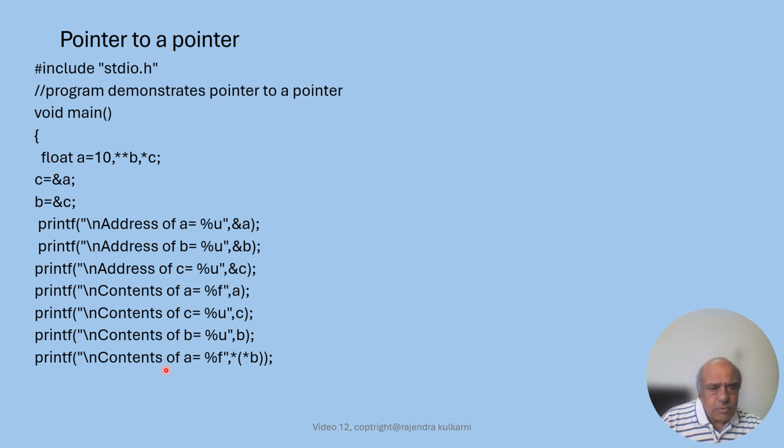Now how are we taking out the contents of a? Through pointer notation or value at address notation, and here we are using star into the bracket star b. This gives us the value of a.